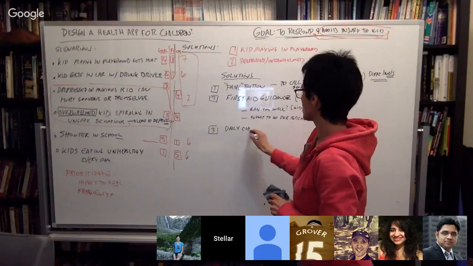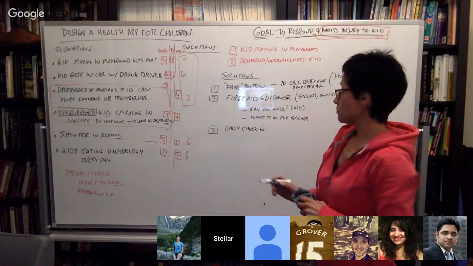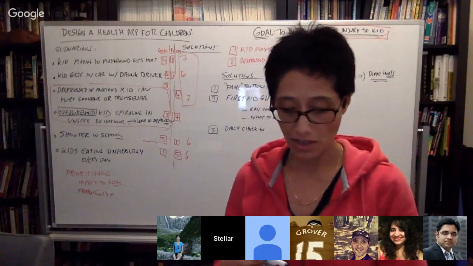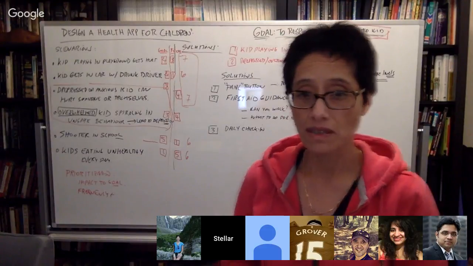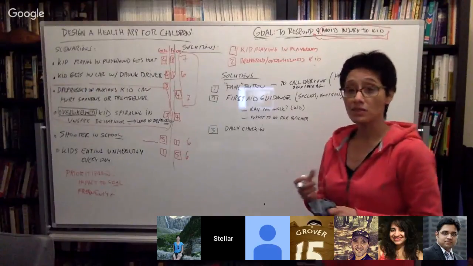That's a good idea. Maybe it's a daily check-in with a friend, right? Because I think kids at this age really don't want to share with their parents. They have a sense of independence, but they might want to share with somebody that they trust, right?